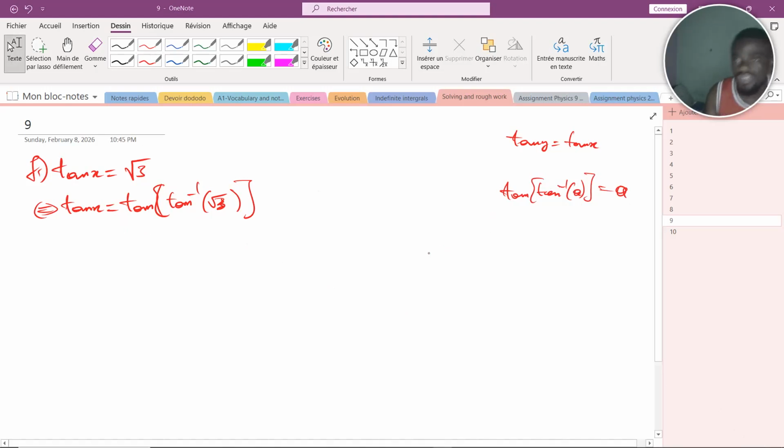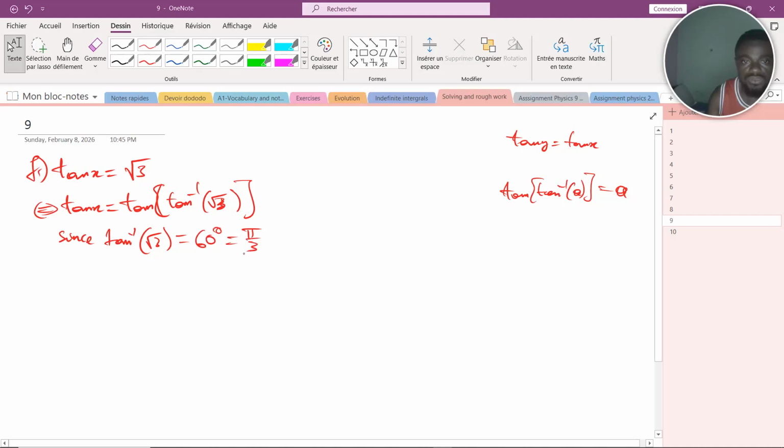If you use the trigonometric table of basic trigonometric angles that I gave you last time, or you use your calculator, you will see that the tan inverse of root 3 is equal to 60 degrees. 60 degrees is the same as pi on 3 when you do the conversion.